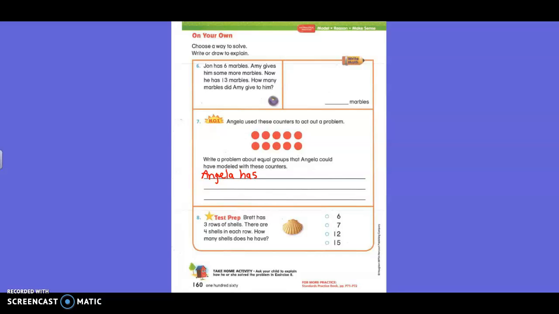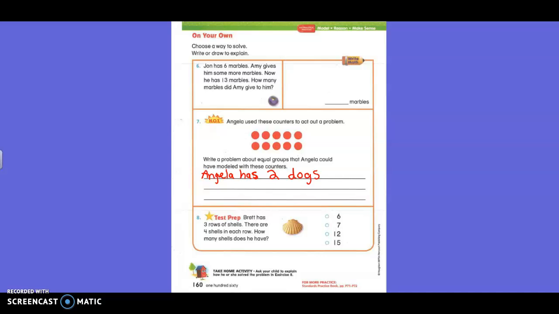Okay, let's start with the rows first. Angela has 2 dogs. You can write the number 2, that's fine. You're in math time, so you can do numbers if you want. If it was reading or phonics, I would say write the word out. But because we're in math, we're gonna just write the number. Angela has 2 dogs. So that is her 2 rows.